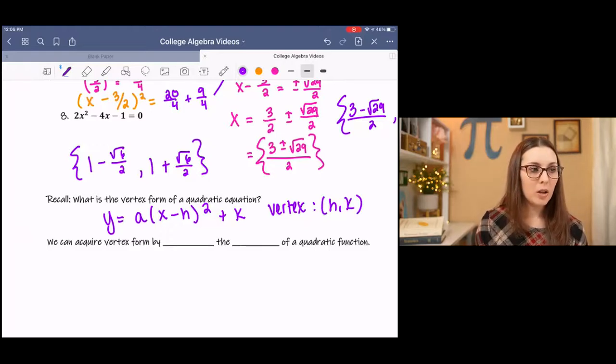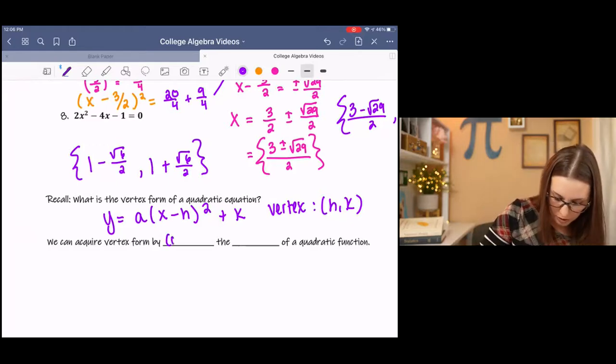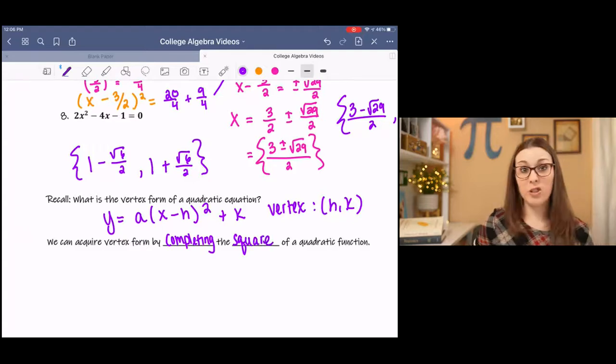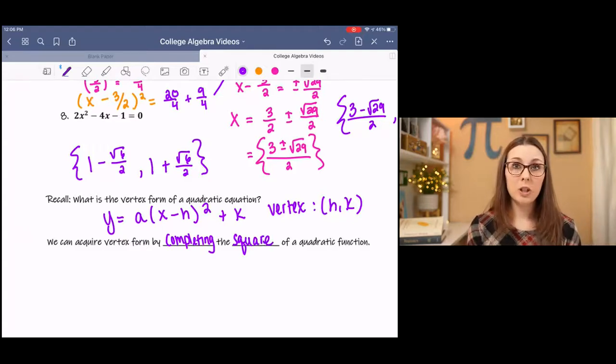When we use completing the square, we're finding vertex form. So when you have a quadratic that is in standard form or even factored form, you can find the vertex by using the vertex formula or converting to vertex form, which is kind of nice.